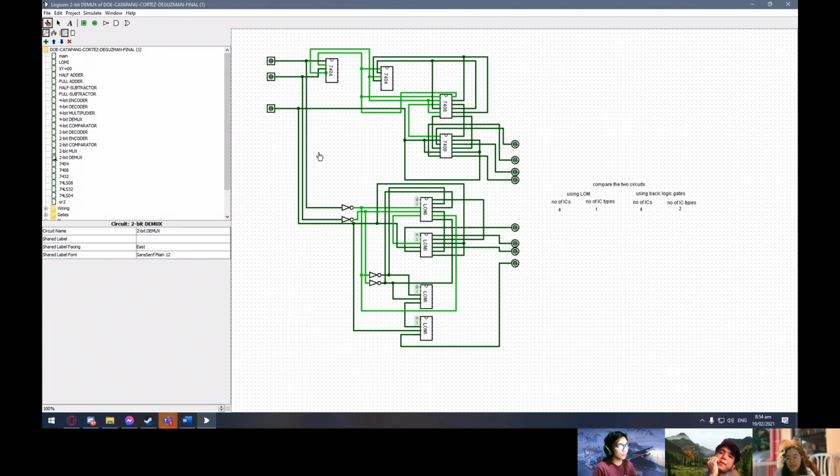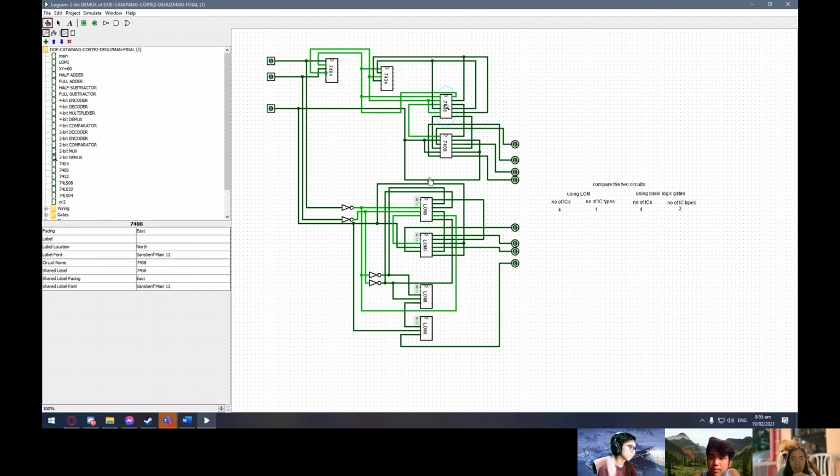So, as for the last part, the demultiplexer is defined as taking one signal input data line, then switching it to any one of a number of individual output lines one at a time. As we can see here, we have applied again ICs of 7404 and 7408.